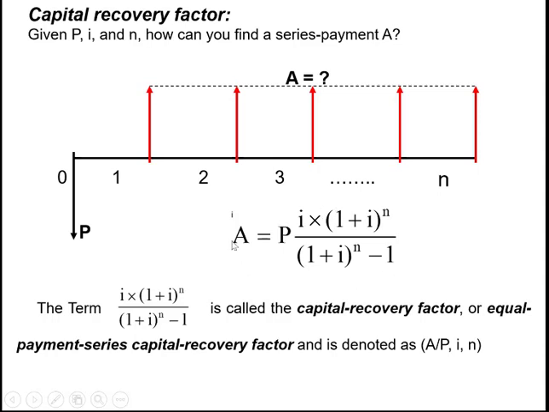And we use this formula: A equals 25,000 times the factor, with interest 0.008 and the power 20, because the number of periods is 20. You understand?